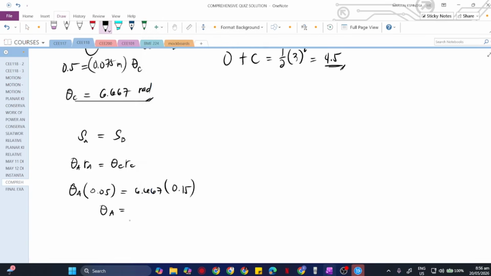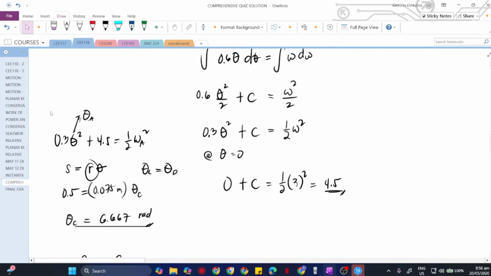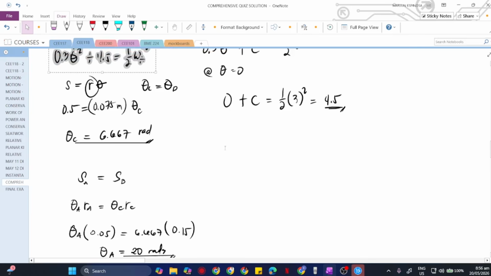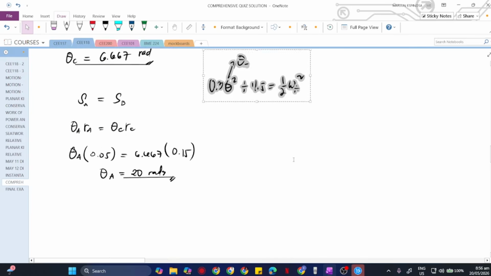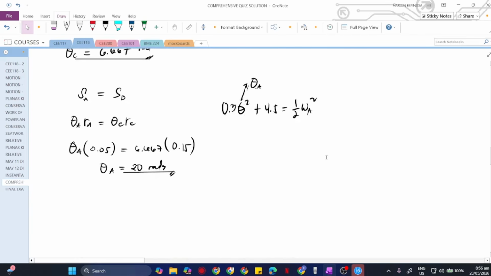So, yung angle θ natin or θA is 20 radians. So, yan yung gagamitin natin dito na equation. Okay, dito ko na lang to ilagay, class, ha. Okay, move ko na to dito. So, to solve for the ωA pala, sorry. So, this is 0.3 tapos 20 radians square plus 4.5, no?